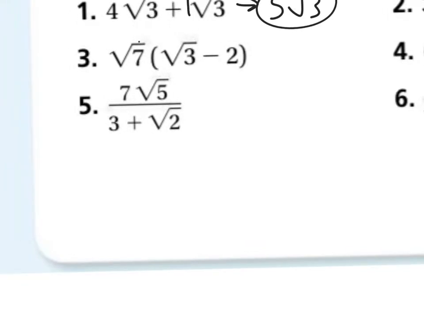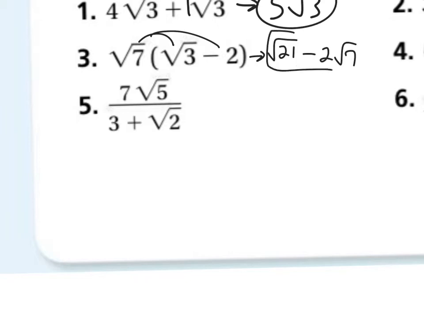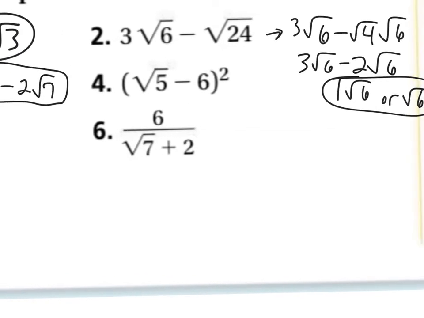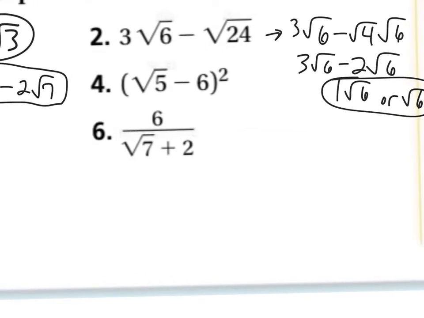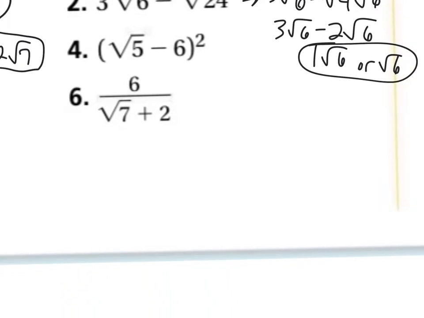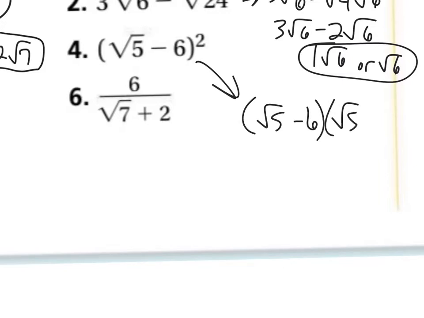Number 3, we're going to distribute this. And square root of 21, we can't break that down at all, so that actually is going to be our final answer. Number 4, you can rewrite that times itself since it's being squared. And then we're going to just FOIL this out, distribute this out.